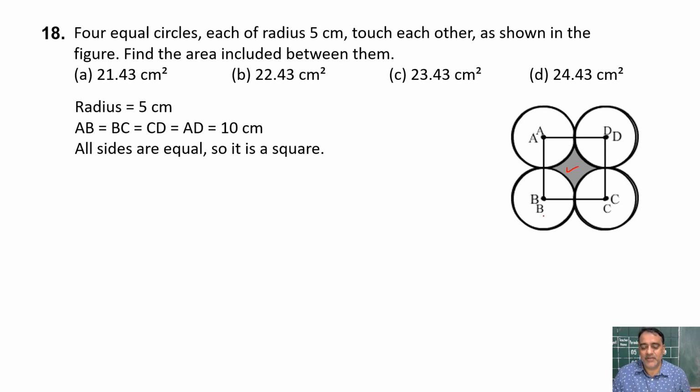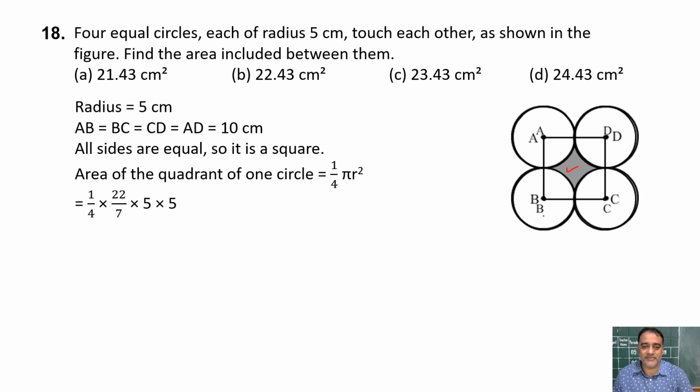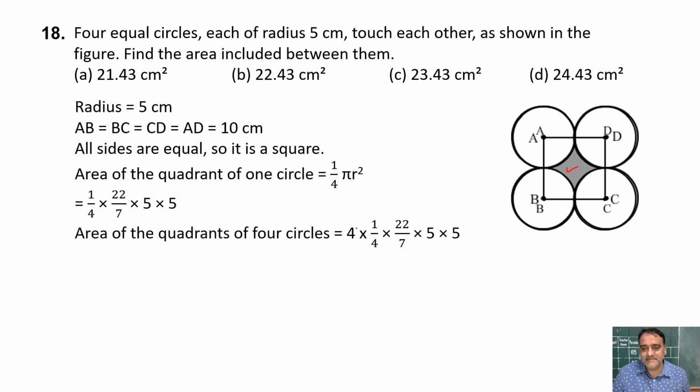Yes, sir. Okay, fine. And area of quadrant of one circle, we will follow the same steps we just did. 1/4 pi r square, so 1/4 into 22/7 into 5 into 5. When we multiply with 4, 4 will be cancelled and we'll get 22 into 5 into 5/7.